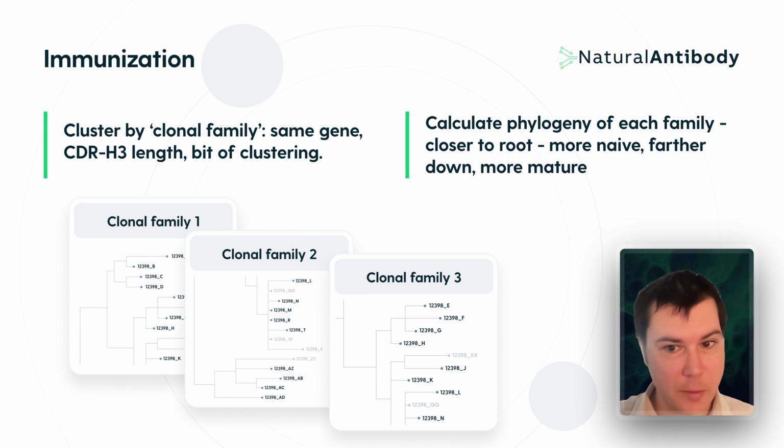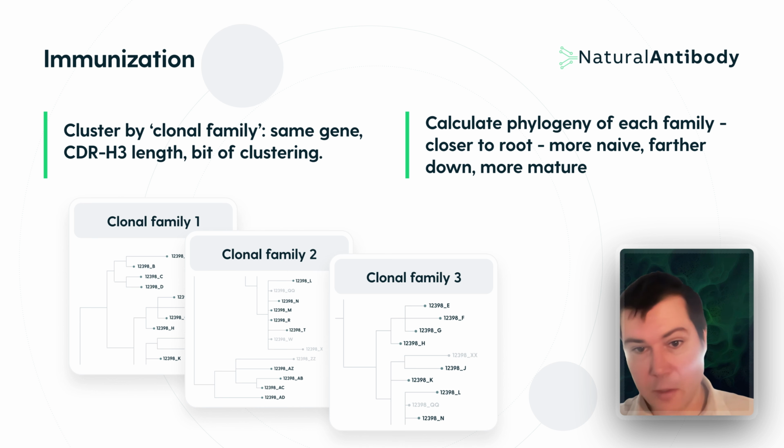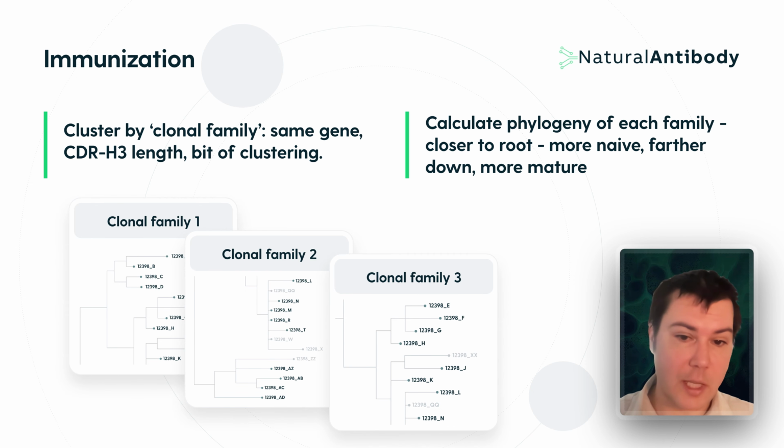It really depends on your definition. What you do want to select from each of those clonal families, so these are your clusters here, are sequences that, according to you, are either more or less diversified. The more towards the right, the more diversified, you should be a stronger binder. Towards the left, you should be less diversified, so a weaker binder.